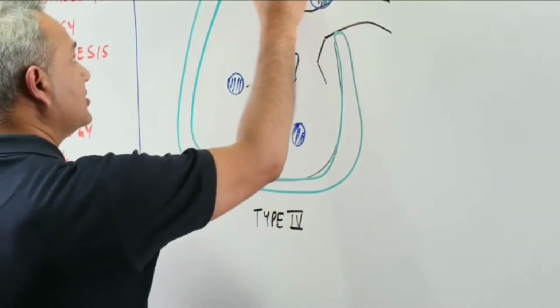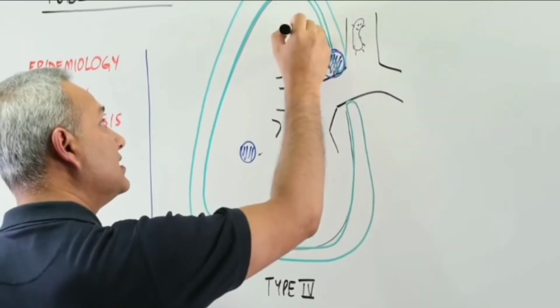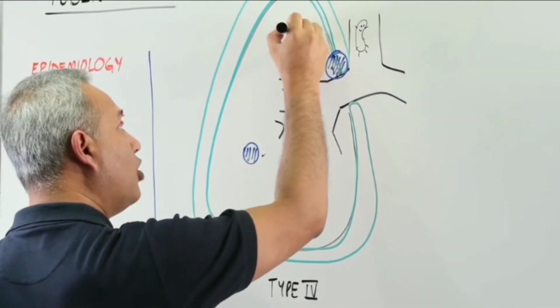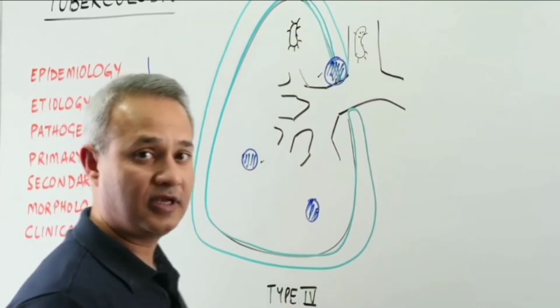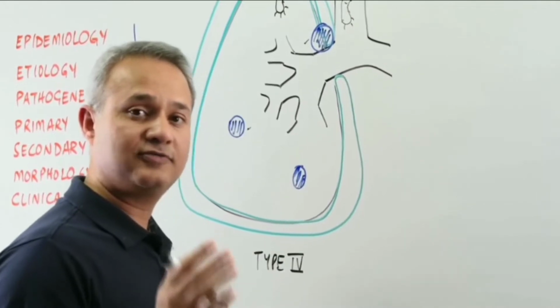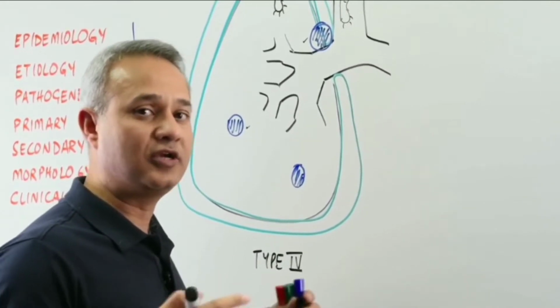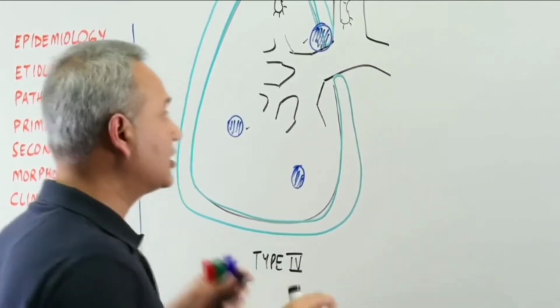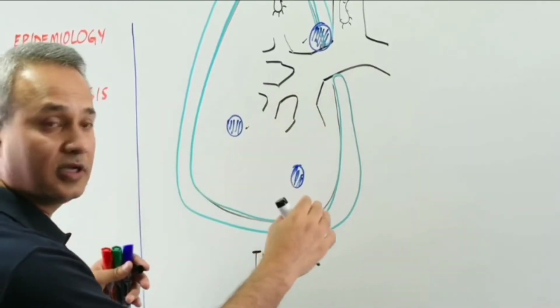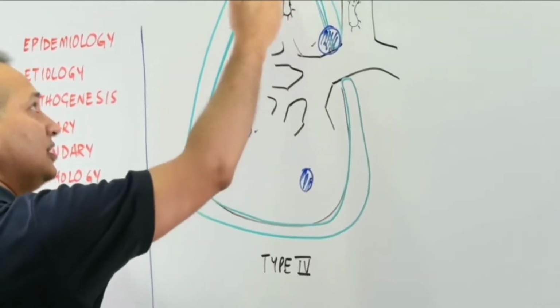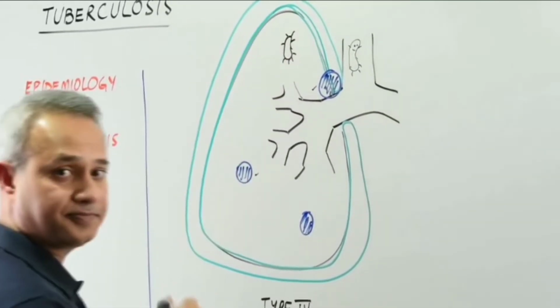Here, as soon as the pathogen comes in, this secondary tuberculosis involves the upper lobes or apices of the lung. We think it is because of the oxygen tension there, but there is no real reason. The primary tuberculosis involves lower lobes, middle lobes, and pleura. The secondary tuberculosis involves apices and pleura.